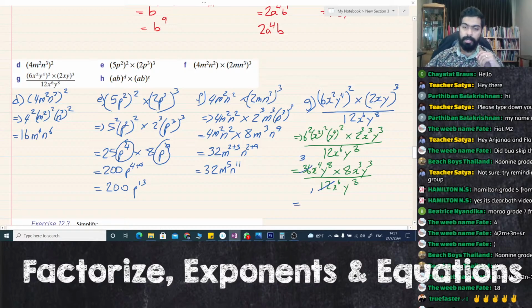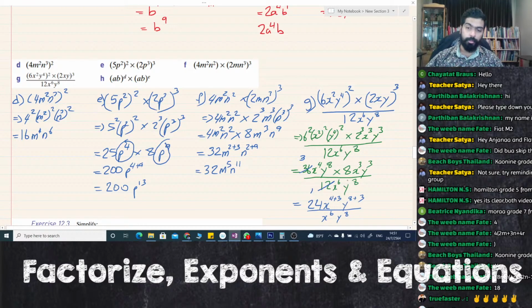Now let's go ahead and solve the numerator first. So now we have 3 times 8 is going to give us 24. 24x to the power of 4 plus 3 and y to the power of 8 plus 3, all of this over x to the power of 6 and y to the power of 8, right guys?